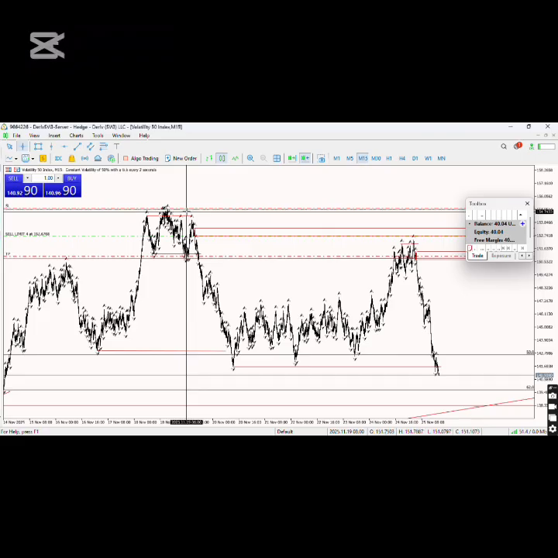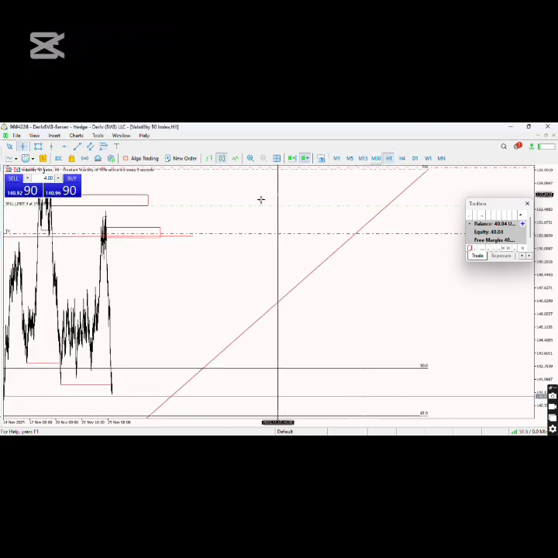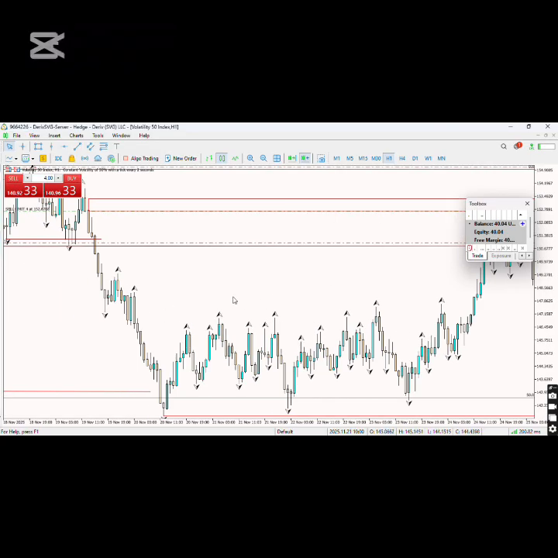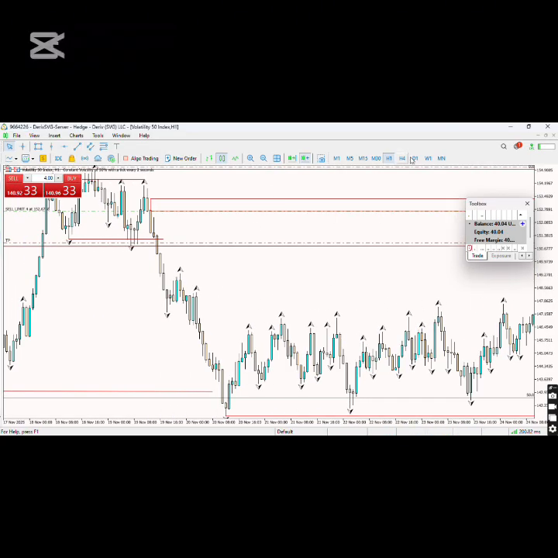So should we take the 1 hour? Let me see from the 1 hour. I want the 1 hour block. I'll tell you why after I'm done here. Here's the 1 hour candlestick because it's bigger, as you all know.